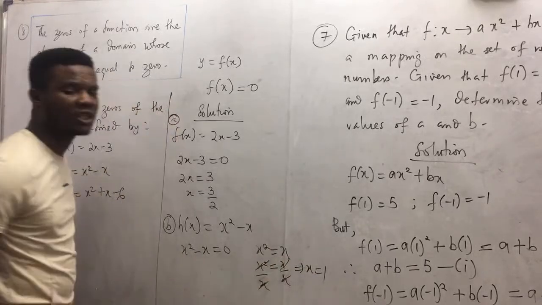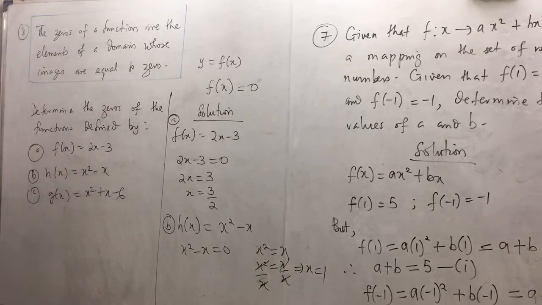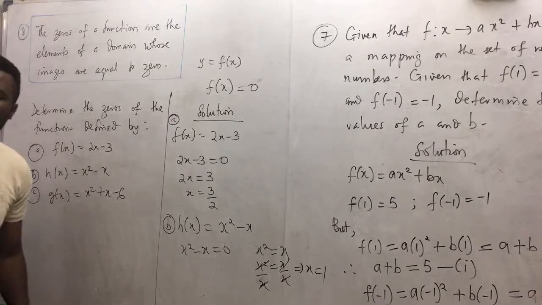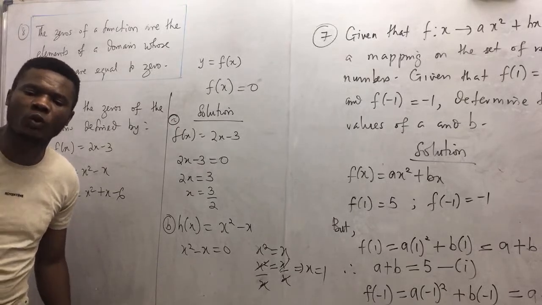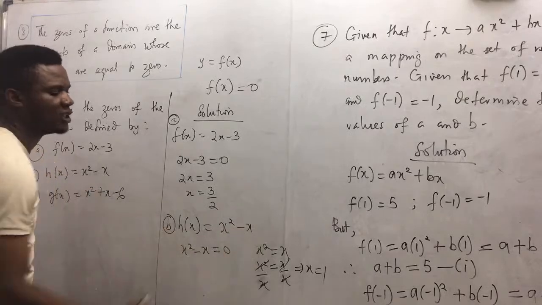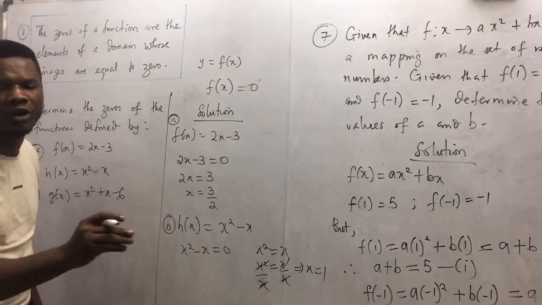Please, if you do this, you will be wrong. The reason is that there are always two solutions to a quadratic equation. So if you go about it this way, you would have lost one of the solutions.